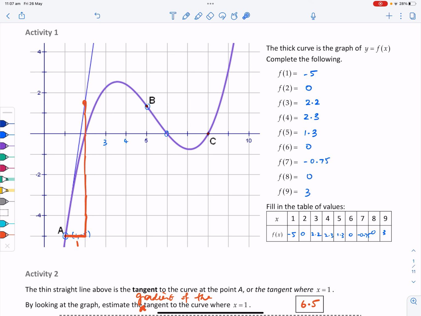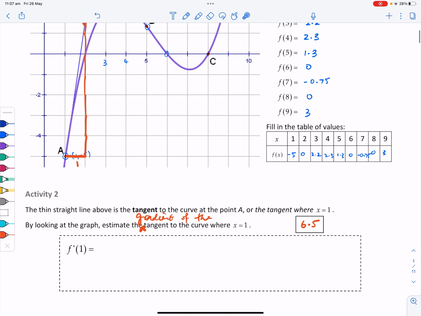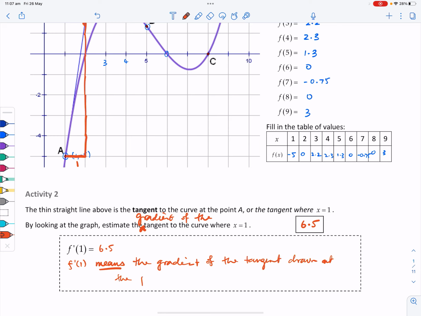Get the idea? Right, now here's a bit of notation. F dash 1 equals 6.5, but really what we mean, F dash 1 means the gradient of the tangent drawn at the point where x equals 1.